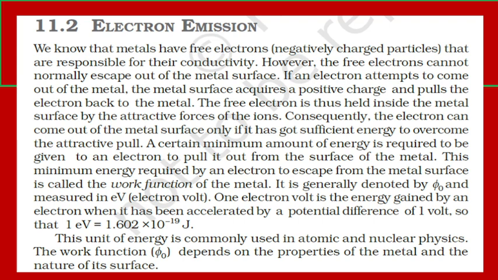So if we want to convert electron volt to joule, we need to multiply by 1.6 into 10 to the power of minus 19. If the energy is in joule and we want to convert it into electron volt, we have to divide that given energy in joule by 1.602 into 10 to the power of minus 19. This unit of energy is commonly used in atomic and nuclear physics.